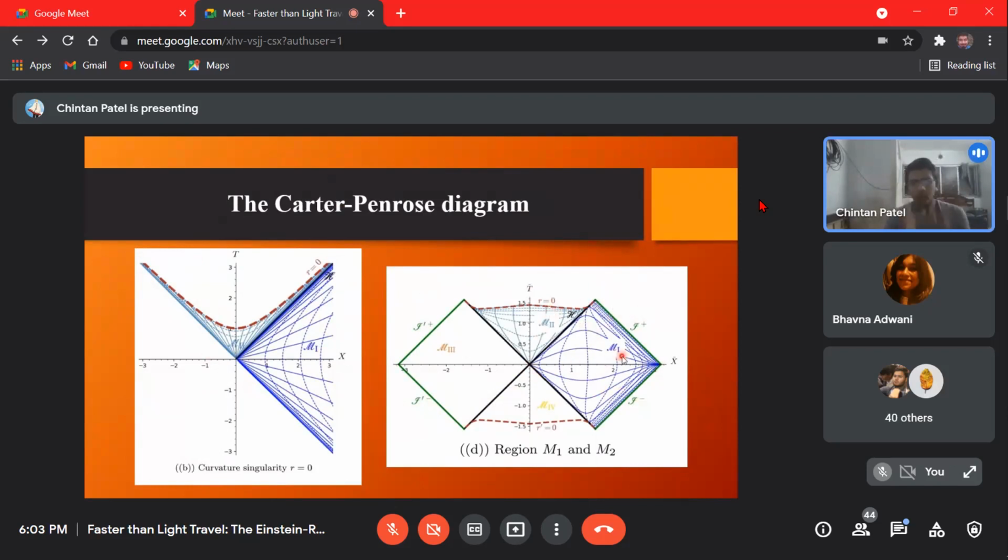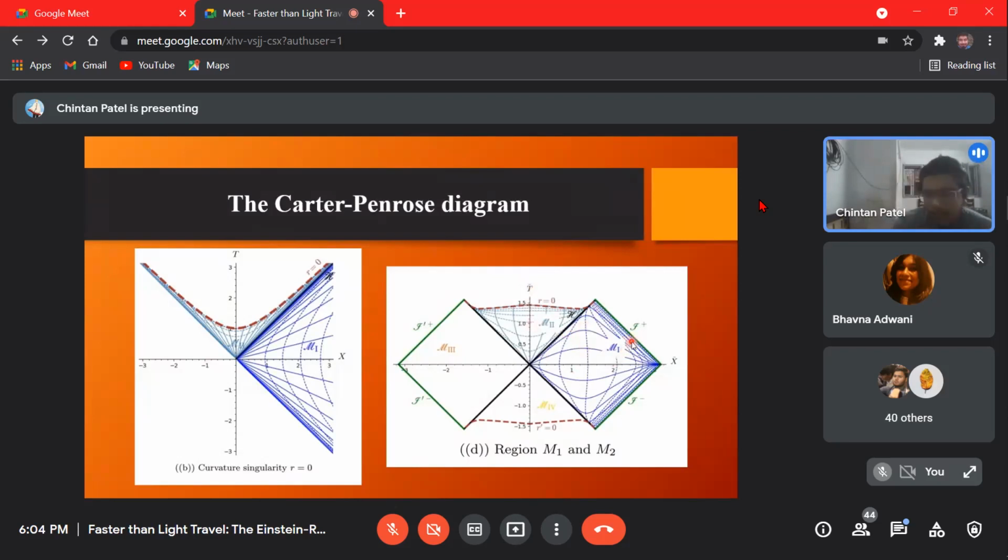Looking at this diagram, one thing we should know about geodesics, which I should have mentioned: geodesics should always be complete. You should have a definite origin from where the geodesics are arriving. Otherwise, you can't say the diagram is complete, or you have to trace it back. If you cross the event horizon, you go into the black hole and then eventually move toward the singularity.